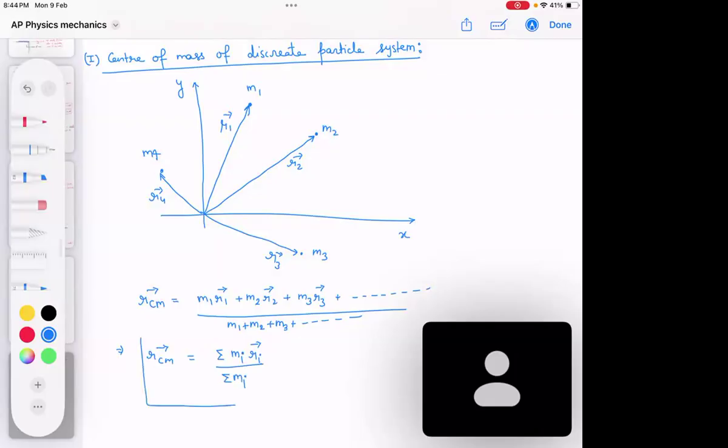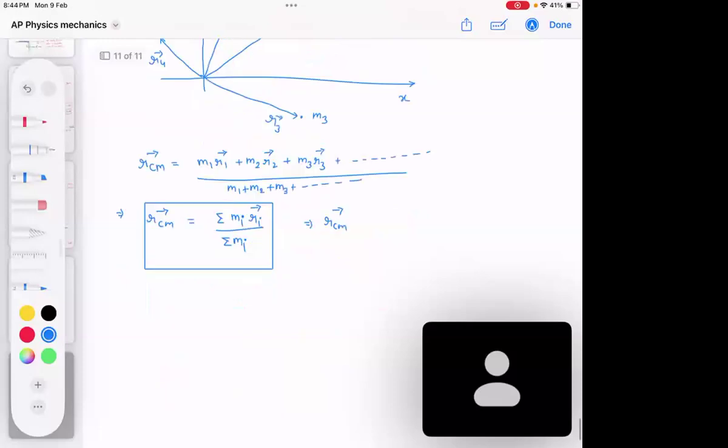Summation of mi, you can write it. Or you can also write it like this, the RCM or position vector of center of mass, you can write it as summation of mi ri divided by the total mass of the system as well. So this is the center of mass of what?